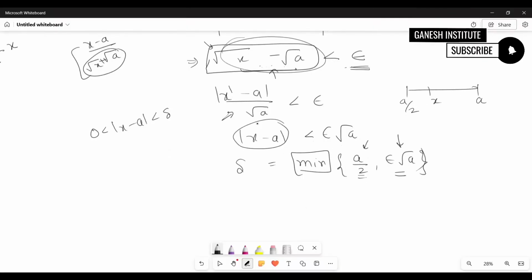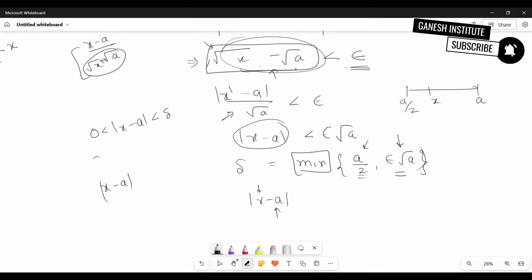And in spite of that thing to be considered, you have to say that delta is what? Greater. How? Because if you have x minus a, x is greater. So I know a is greater than x. So this negative value will also become positive because it is in absolute value.